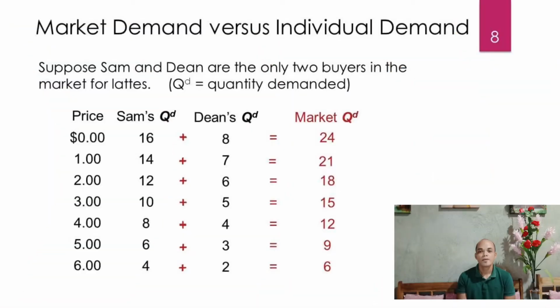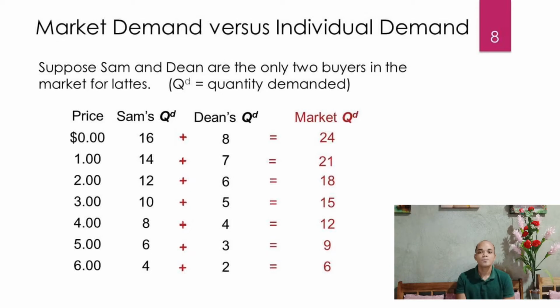Market demand versus individual demand. Suppose that Sam and Dean are the only two buyers in the market for lattice, and QD stands for the quantity demanded. To get the quantity demanded for the market, you simply add the two buyers' quantities demanded, Sam's and Dean's, to have your final quantity demanded for the market.